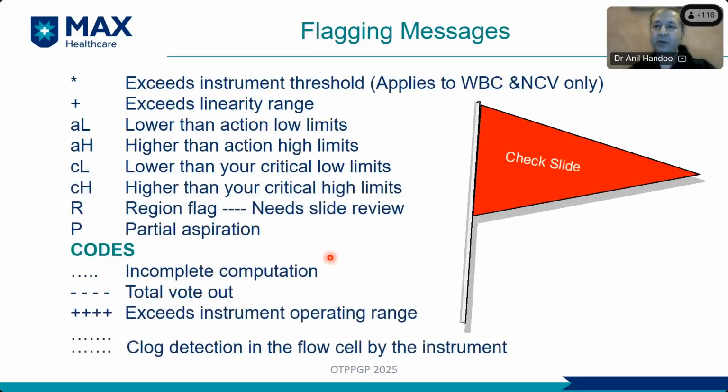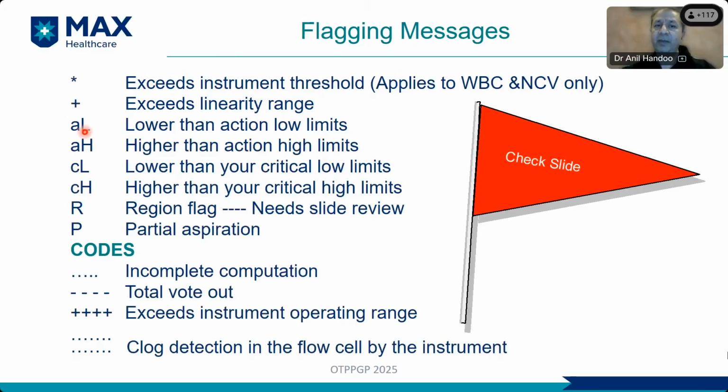And I'm sure most of you, if you go back and check your instruments, would realize that from the instrument printout itself, sometimes you can get all of these flags. And mind you, these flags are instrument specific. So not every instrument will have similar flags. For example, this asterisk mark in the Coulter analyzer talks about exceeding the instrument threshold. Similarly, a plus means it exceeds the linearity range.